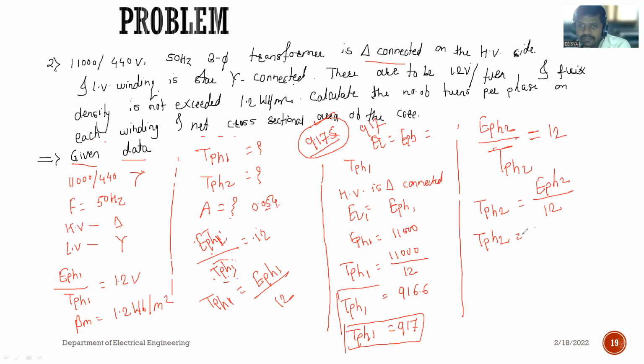EPH2 phase voltage of secondary side किती यूज केलं? 440. So this mistake we will make.